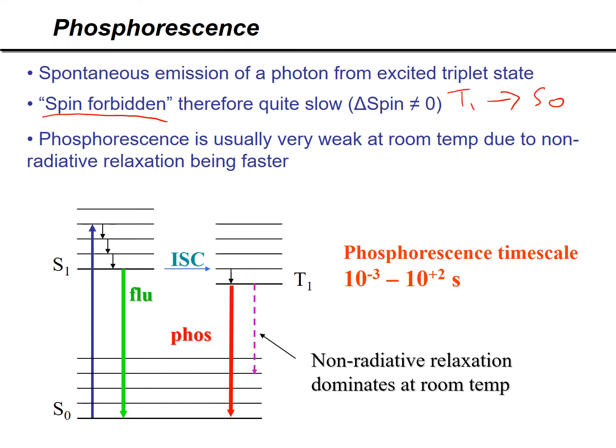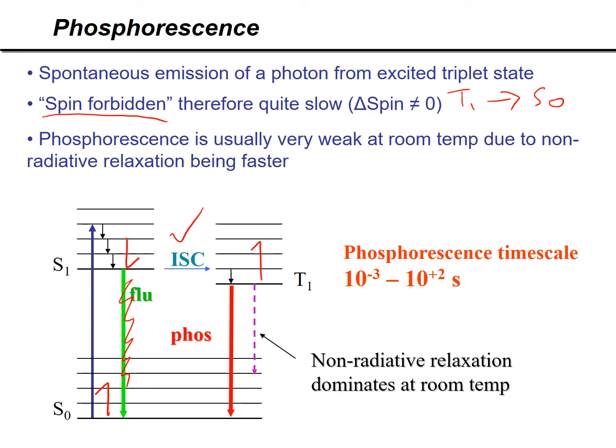So if we have a look at the energy diagram here, here are our electrons in the ground state. Absorption of a photon goes up into the excited singlet state. Vibrational relaxation quickly gets the system down to the bottom of S1. Now, if intersystem crossing is fast and is competitive with fluorescence, so that fluorescence doesn't occur, this electron goes over into the triplet state.